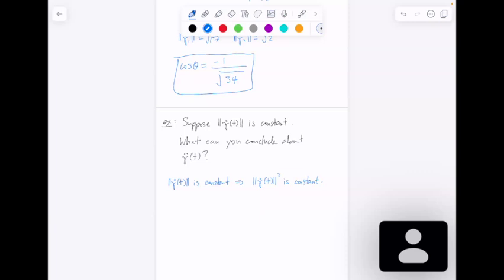What this buys us is that the norm squared of a vector is just the vector dotted with itself. So this dot product is the same thing as its components: x dot squared plus y dot squared plus z dot squared is equal to a constant.